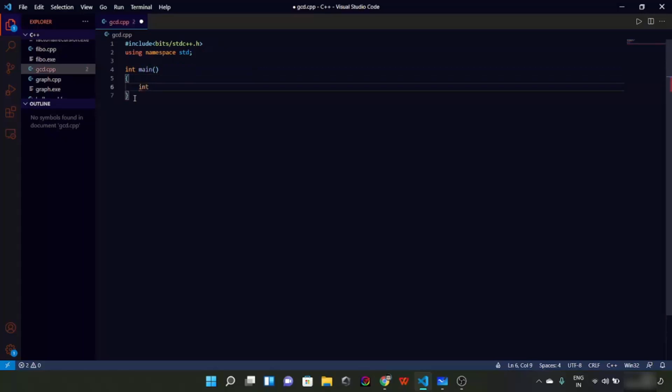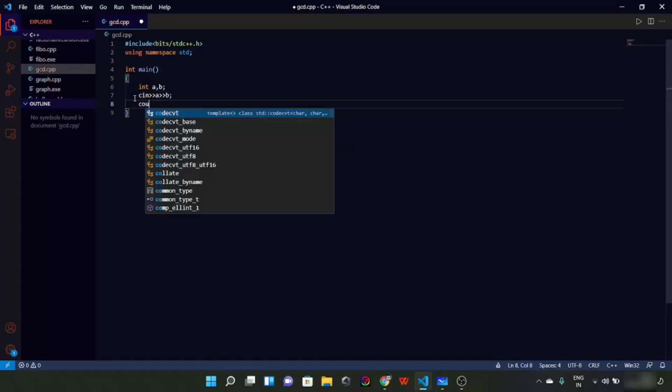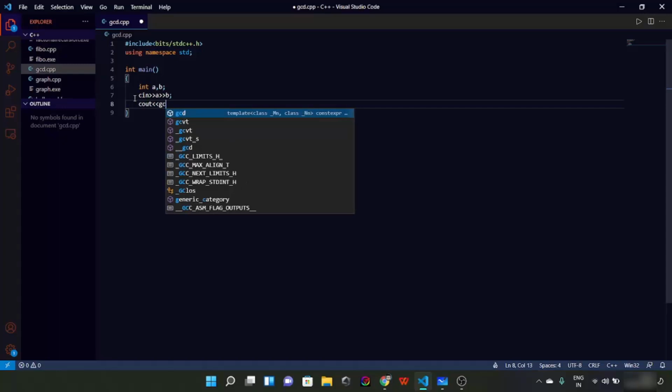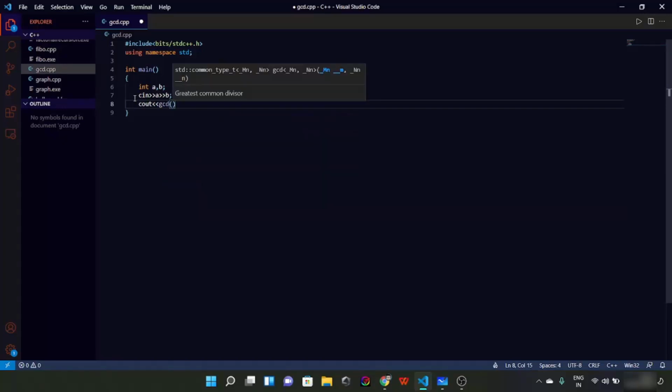We will have two variables. Let's have them A and B, and let's have them as user input. And then what we are going to do is simply cout GCD of A and B.